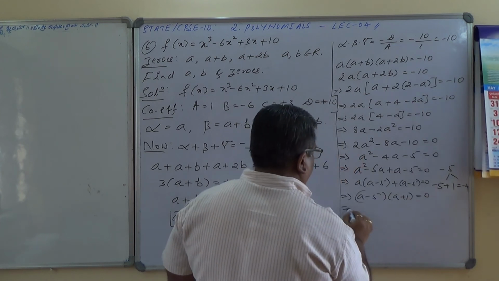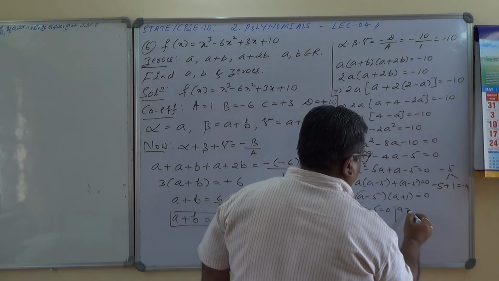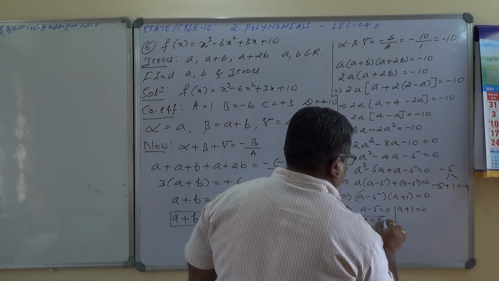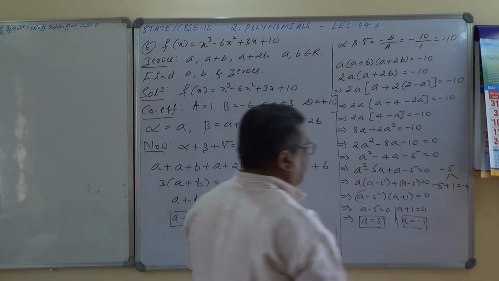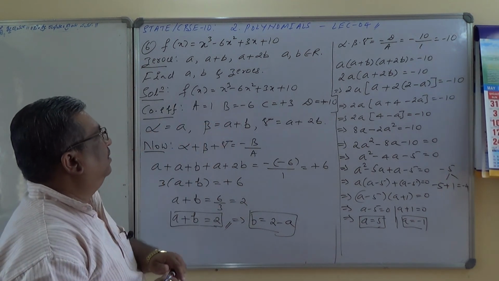So a minus 5 equals 0, a plus 1 equals 0, a equals 5 and a equals minus 1. We are getting a equals 5 and a equals minus 1.